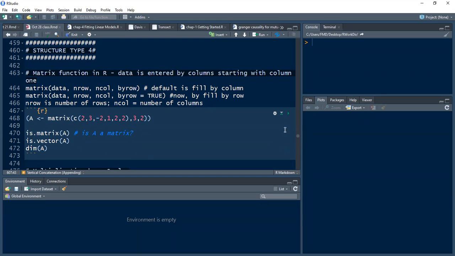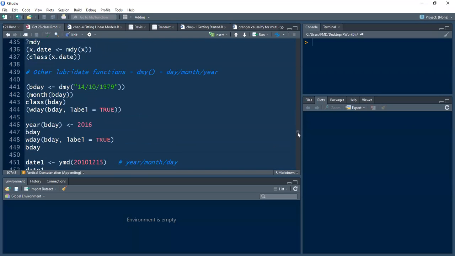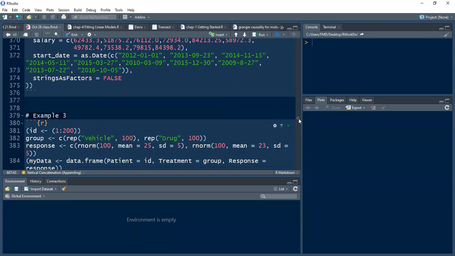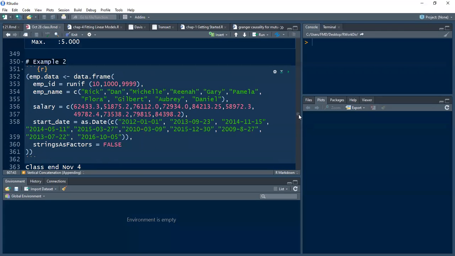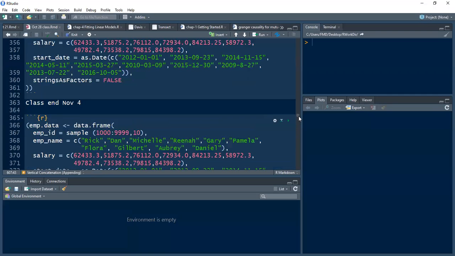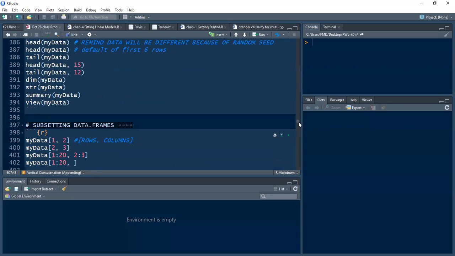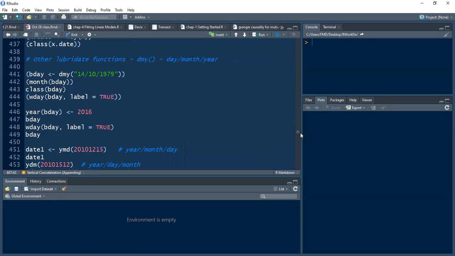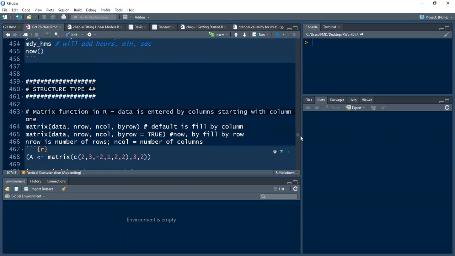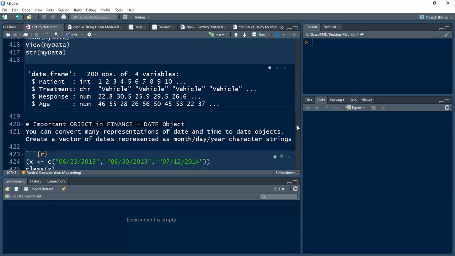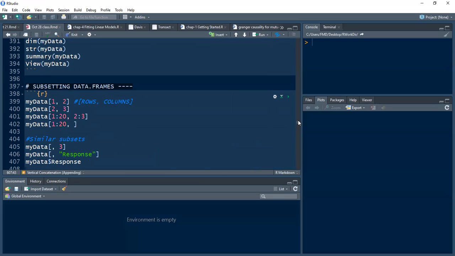Then we also have lists. A list is also a type of vector. However, you can have different types. Well, technically, it's not a vector. You can have different data types there. And then we looked at, if you recall this, guys, data frames.